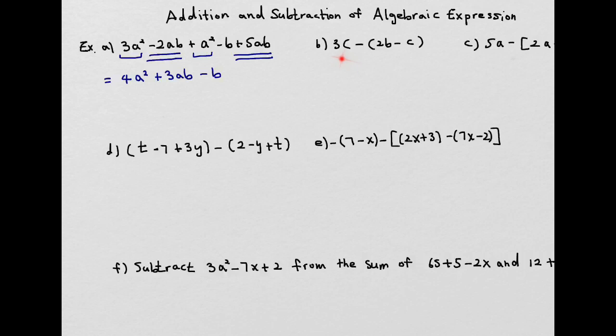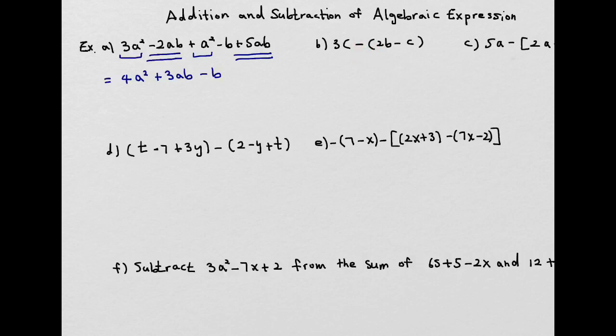Then let's look at the next one. I have 3c minus (2b minus c). We're going to use the order of operations, which means I'm going to do 2b minus c first. But from those two, I don't see any like terms, so I cannot subtract. It means I have to do the next step, which is opening the parentheses to distribute the negative.